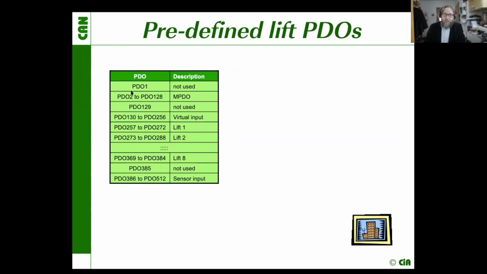We assigned the dedicated PDOs to the dedicated functions. We have a range of PDOs for the virtual input. We have a range of PDOs for lift application 1, for lift 2, and so on.